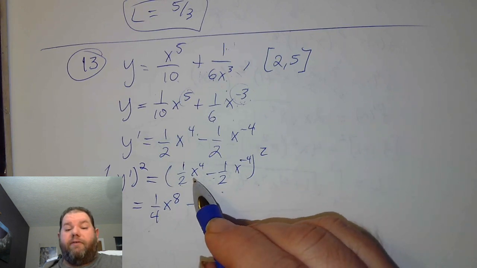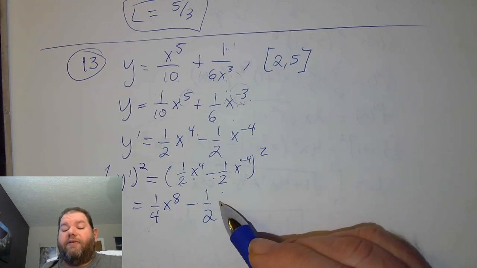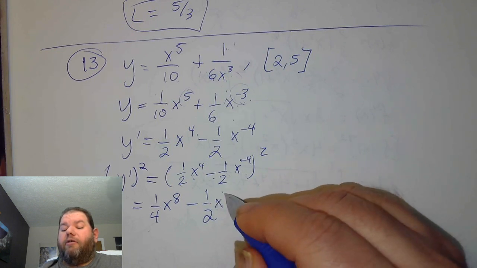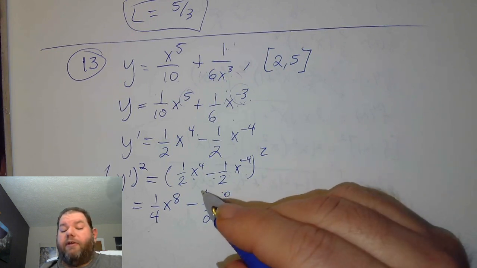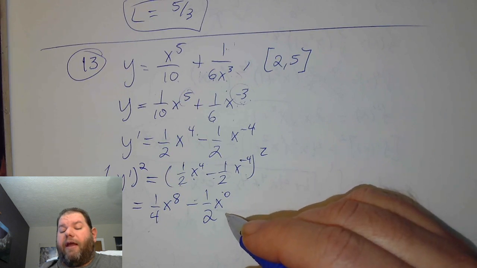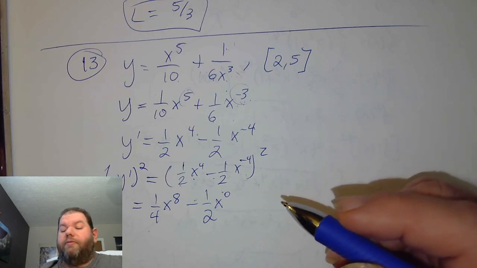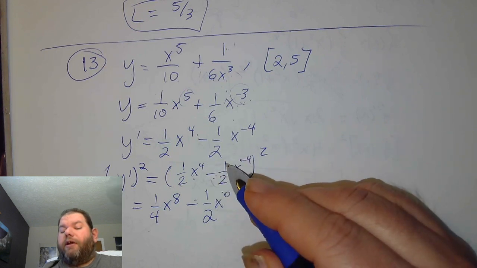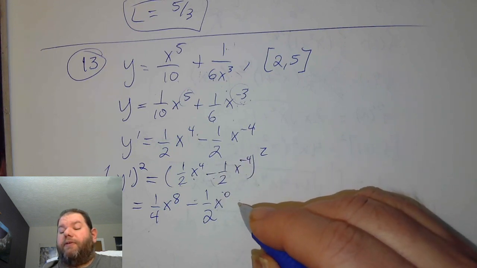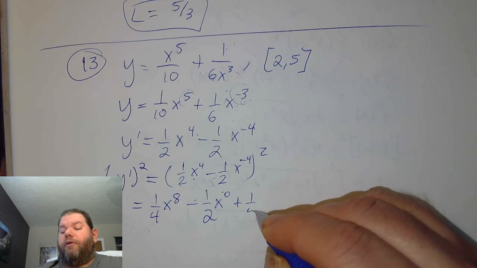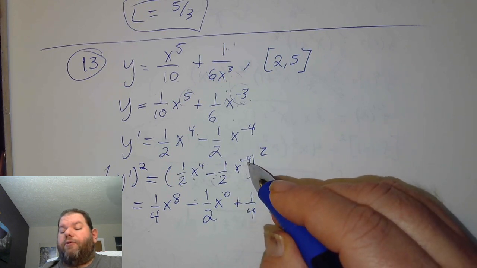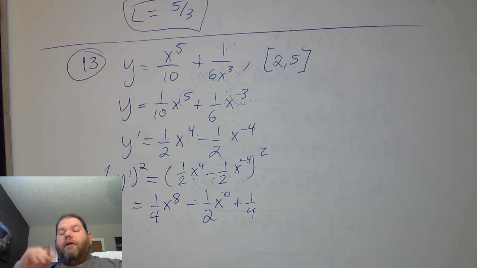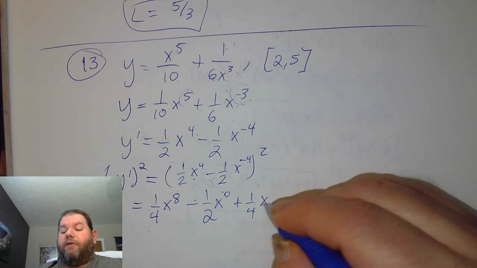Notice when we multiply x to the 4th times x to the negative 4, that gives us x to the 0, so it's negative 1/2 x to the 0. However, x to the 0 is just 1. And then we square the last term, so negative 1/2 times negative 1/2 is plus 1/4. x to the negative 4 times x to the negative 4 will be x to the negative 8, because we add those together.